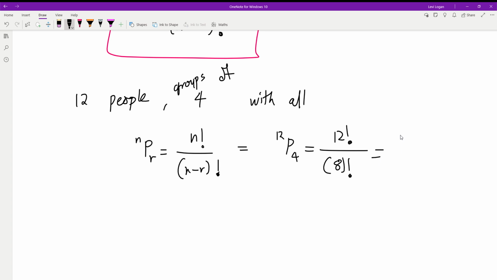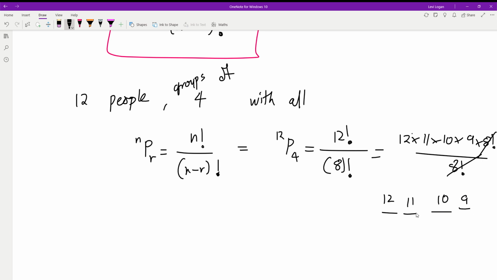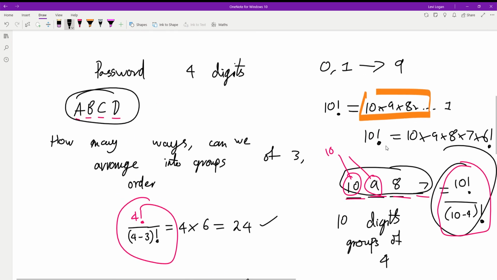And we go 12 factorial is the same as 12 times 11 times 10 times 9 times 8 factorial, divided by 8 factorial, and we get this system here. So 12, 11, 10, and 9.